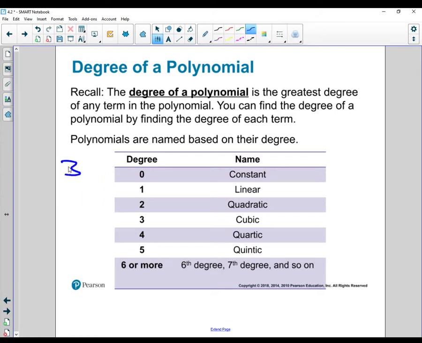If you have a constant, like 3 or any other number, technically there's an x to the 0 there, because anything to the 0 is what? 1. All right, so degree 0 is a constant because it's really just a number. If the degree is 1, it's linear. If we just had an x, that makes a line.